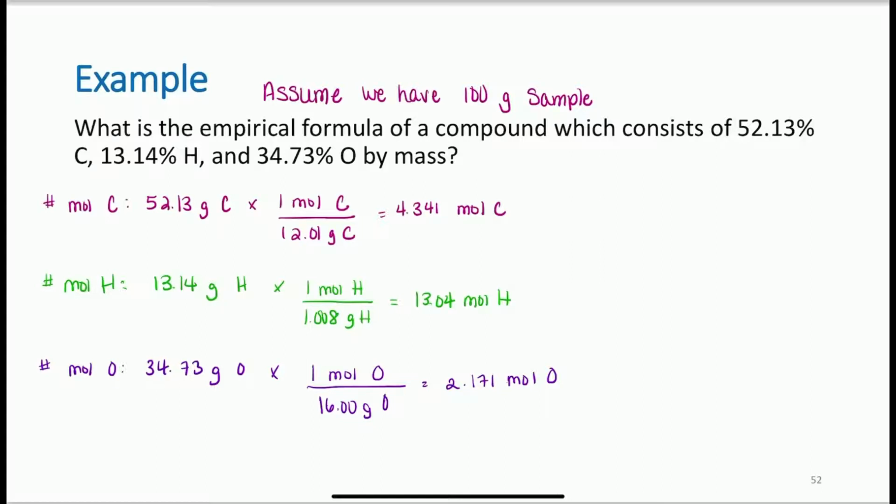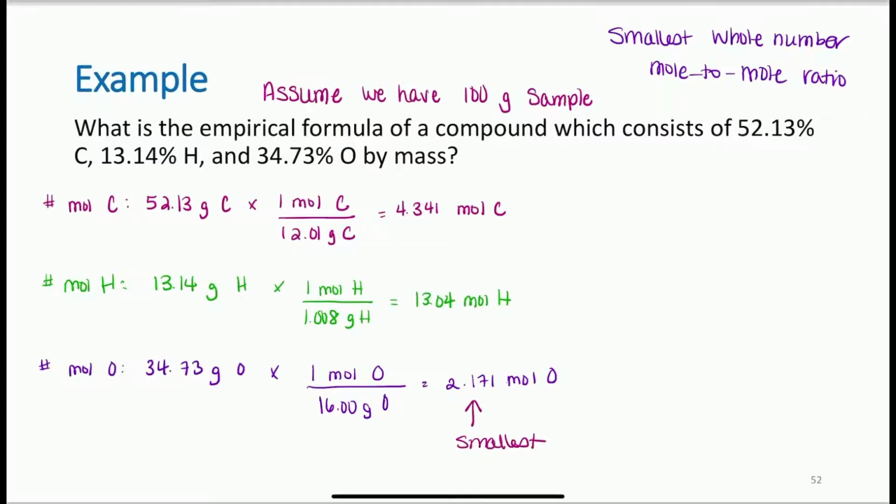The next thing I want you to do is look and see which one is the smallest number, because we're going to divide all of them by the smallest number because, again, we want that smallest whole number ratio. When I look at these, I see this is the smallest number.